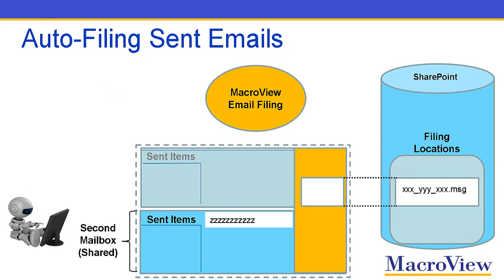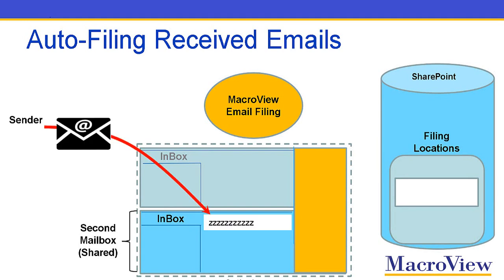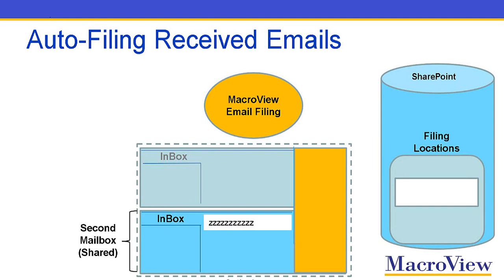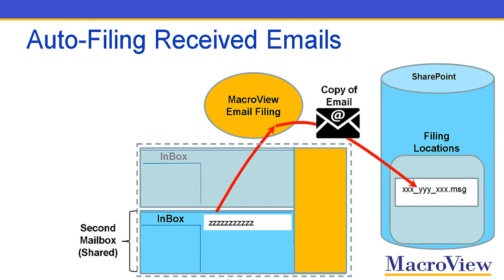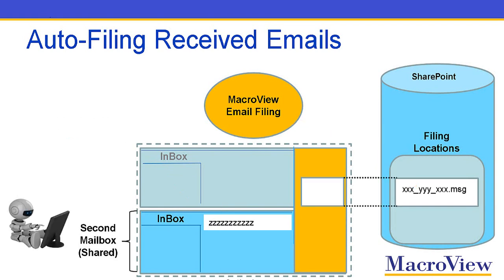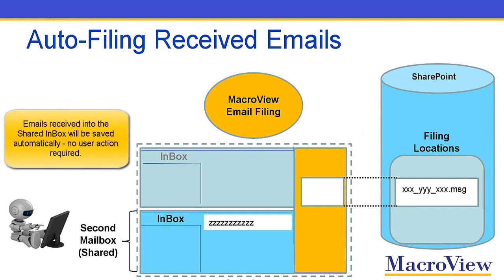We can then view that saved email in its SharePoint location while we work in Outlook. When an email is received into a shared mailbox, a copy of that email is saved to the relevant location in SharePoint by MacroView email filing tools, and a user can then view that email in SharePoint while they work in Outlook. Note that the user did not need to be present when the email arrived in the shared mailbox.